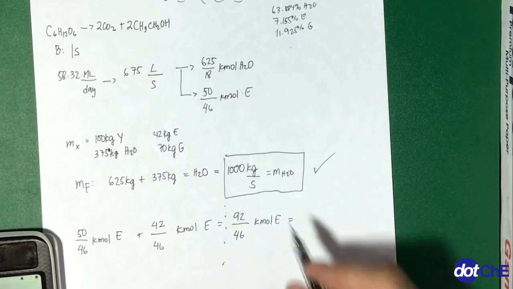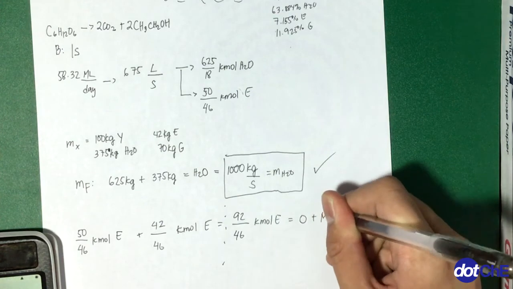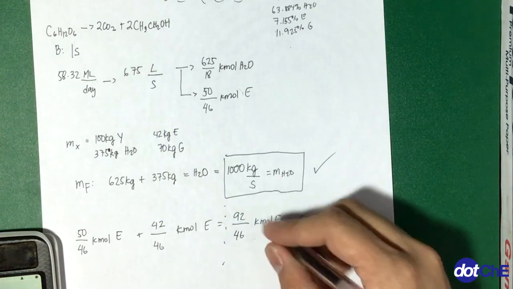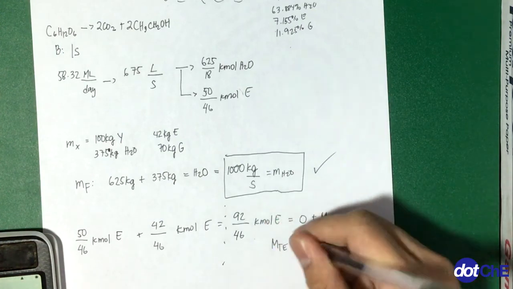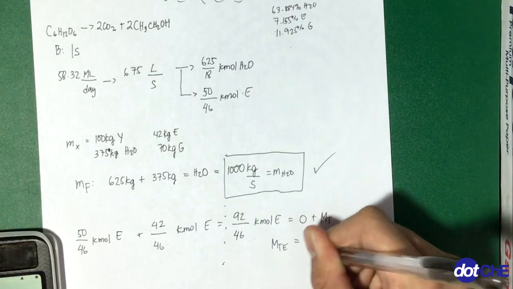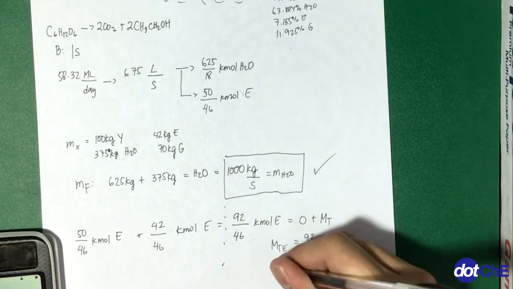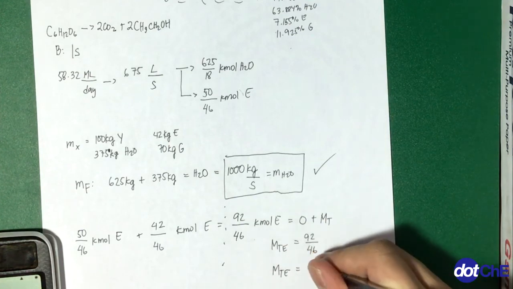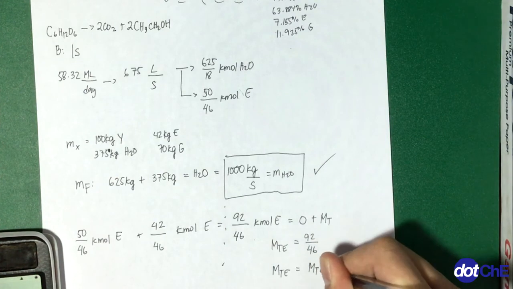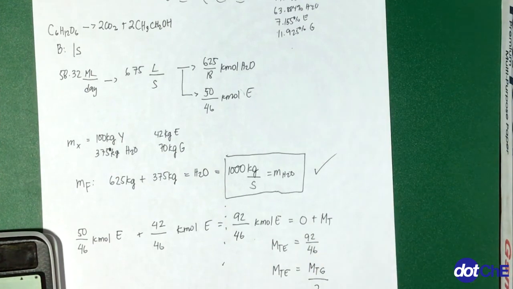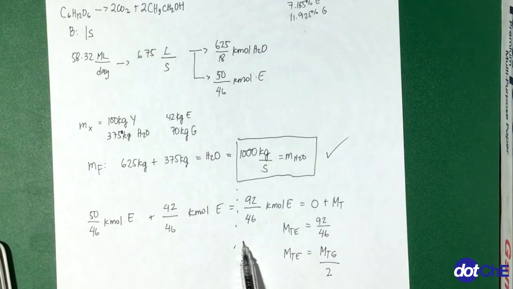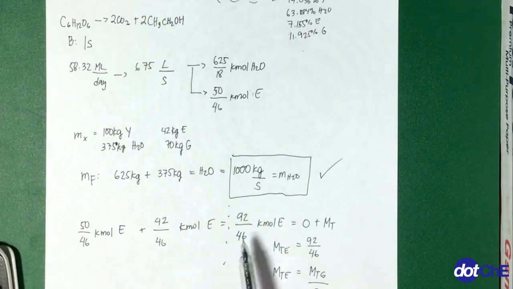So now we're going to use our equation. This is your out. Our in is basically 0 plus the modification term. Our modification term here in this instance is 92 over 46. So the modification term for ethanol is equal to 92 over 46. And remember that our modification term for ethanol is just 1/2 of the modification term for glucose. So we just divide this by 2 to get the modification term for ethanol.